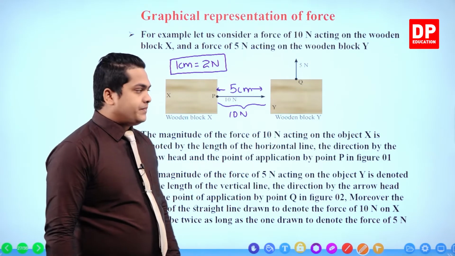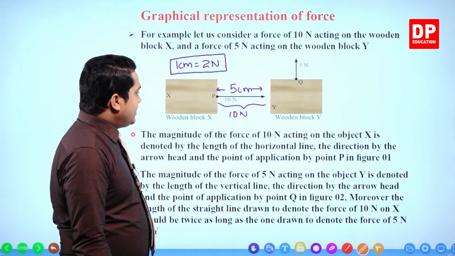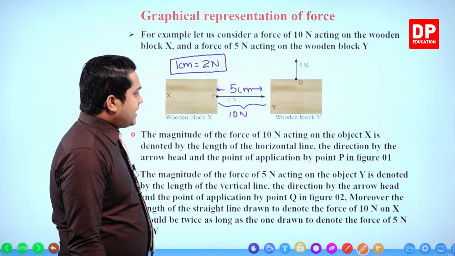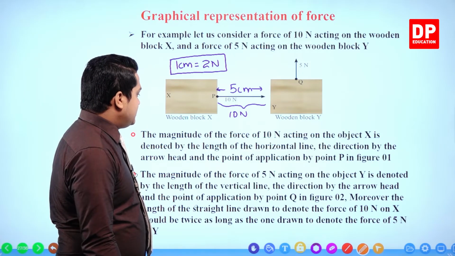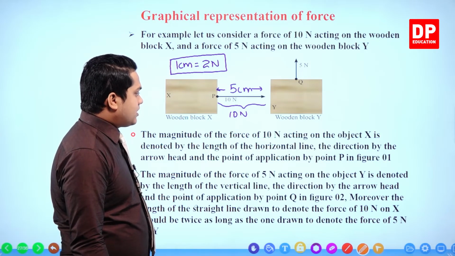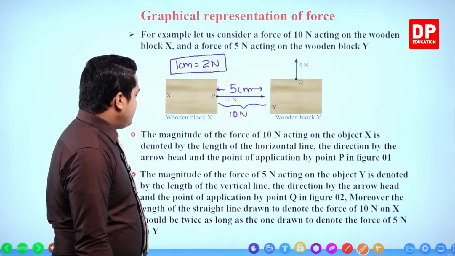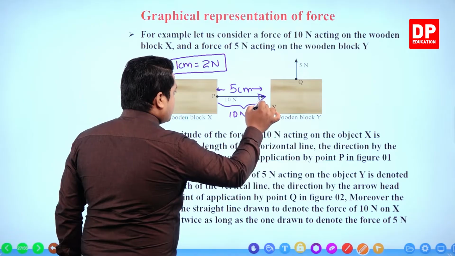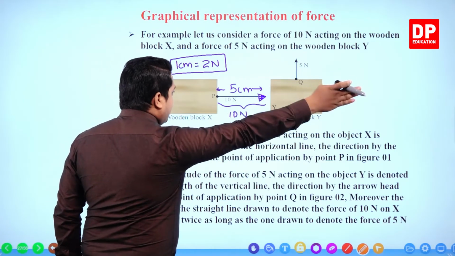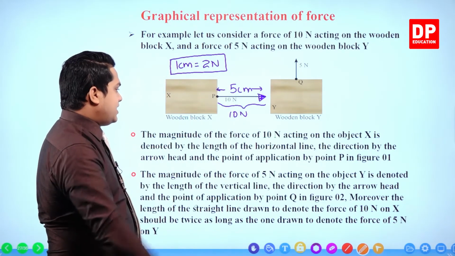Right. The magnitude of the force, 10 Newtons, acting on the object X is denoted by the length of the horizontal line, and the direction by the arrowhead. Now, this is the arrowhead direction. So the force is acting in that direction, to my right hand side.